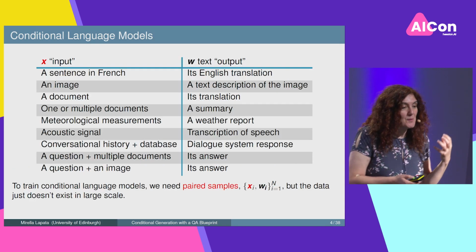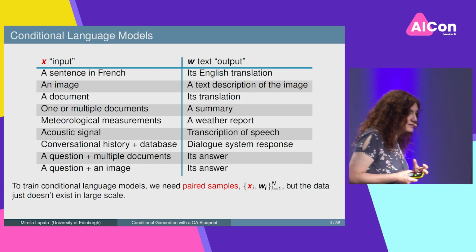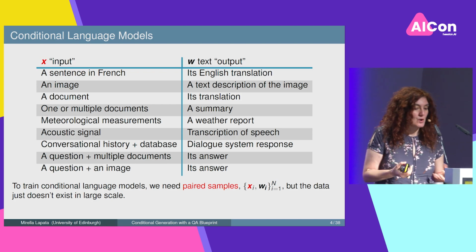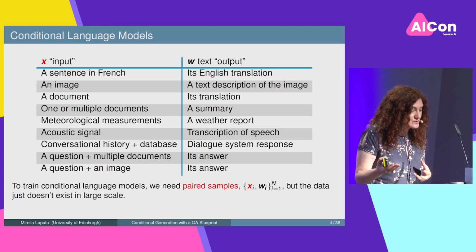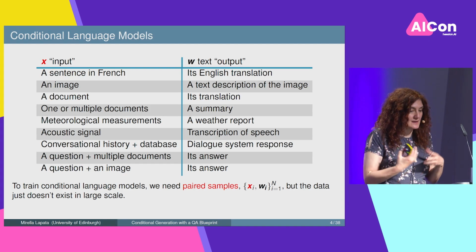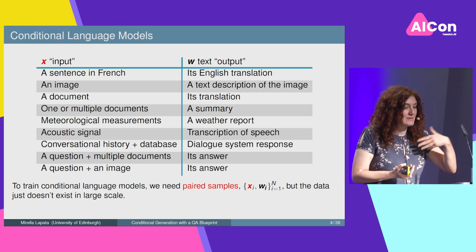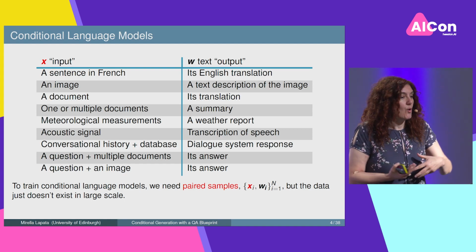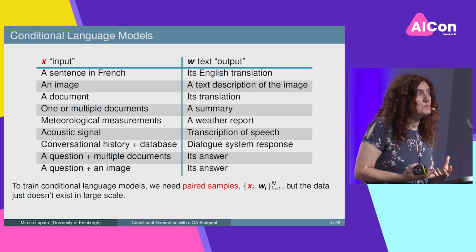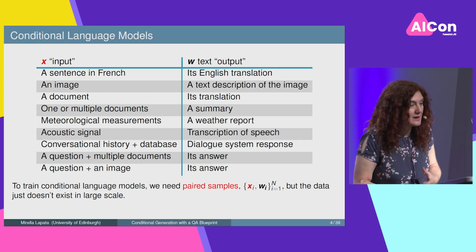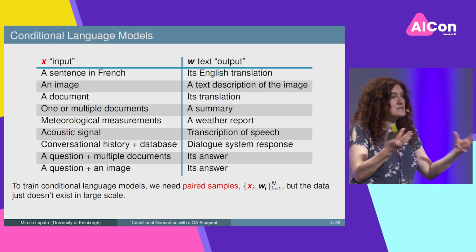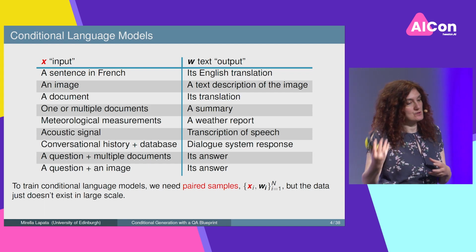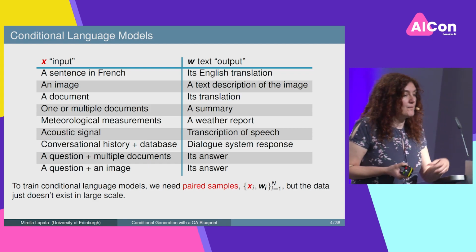Examples of conditional generation include machine translation: we have a sentence in French, and we want the output to be its English translation. Or we have an image, and we want to describe this image. Or we have one or multiple documents, and we want to produce a summary. Or we have some acoustic signal, and we want to do the transcription of speech.